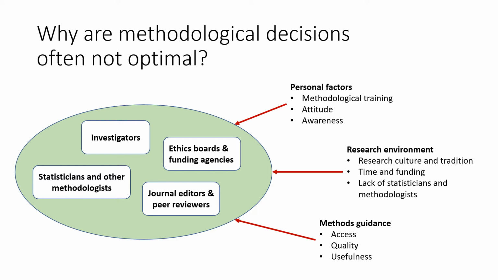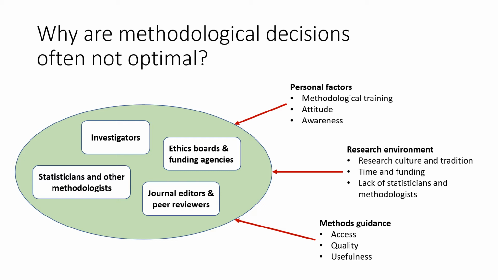And their decision-making also depends on methods guidance. Can I easily find methods guidance that supports me in my methodological decision-making? Is high-quality methods guidance available? How useful is the methods guidance for me? Can I understand it? Is it easy to follow?